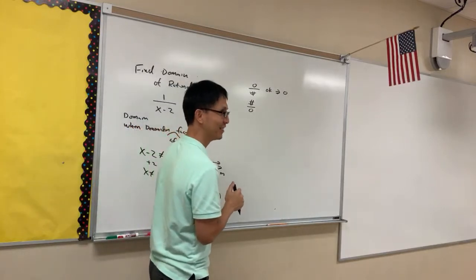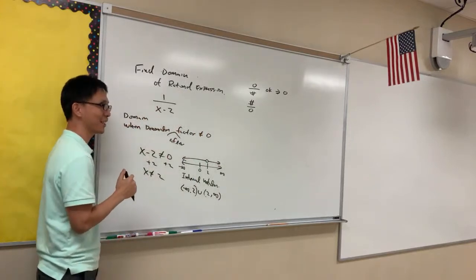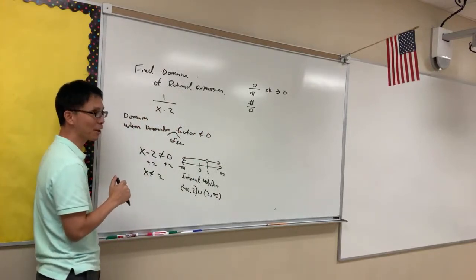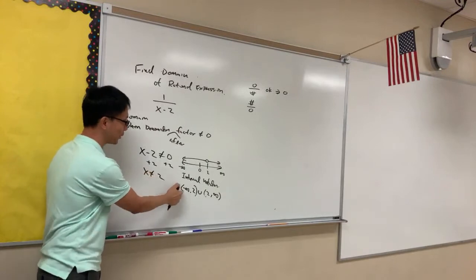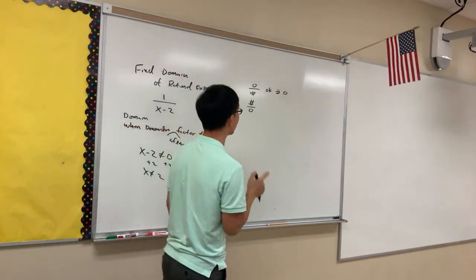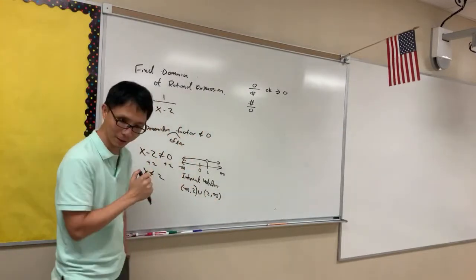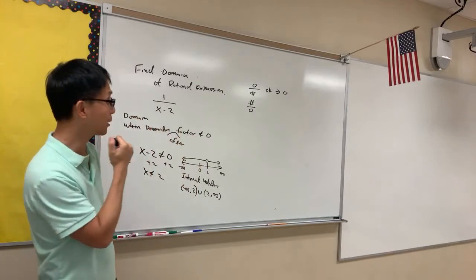Only Buzz Lightyear can reach infinity and beyond. So if we're not Buzz Lightyear, you're going to put a parenthesis there. Make sure you put a parenthesis on infinity, never a bracket, ever again, because I know you're not Buzz Lightyear. Any questions about this part?